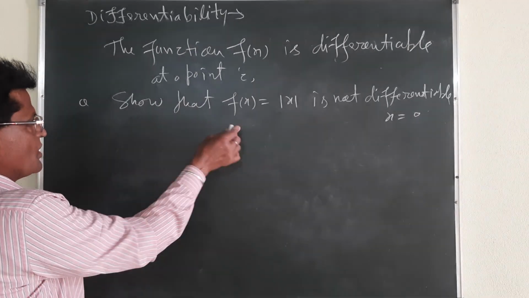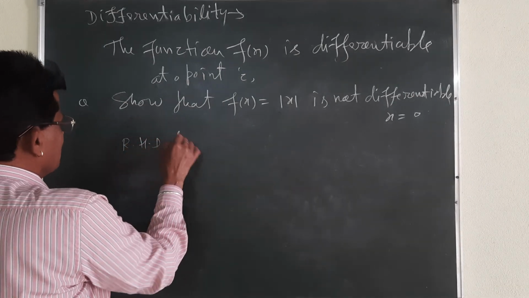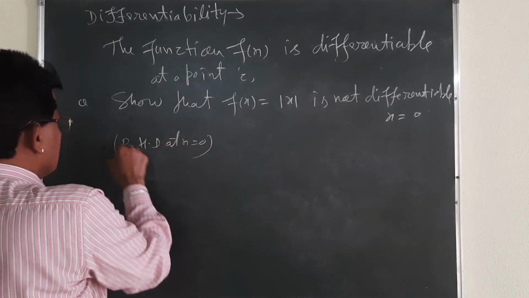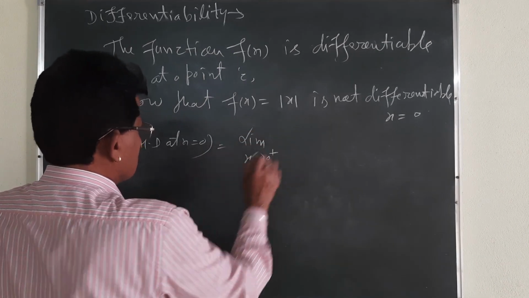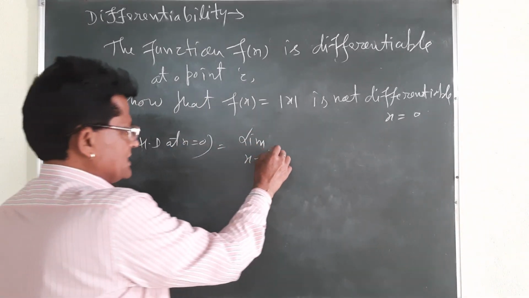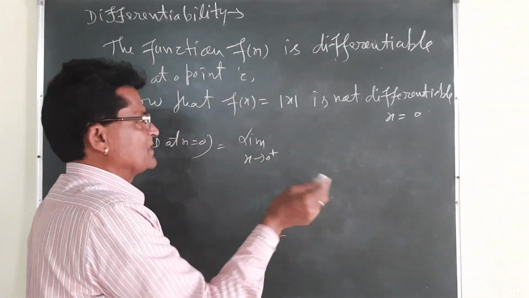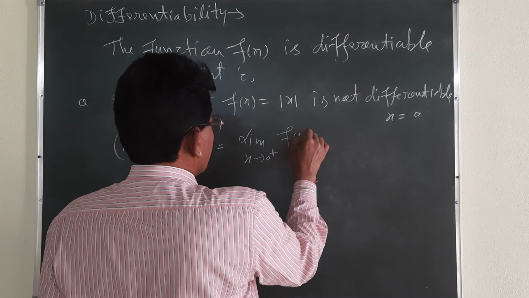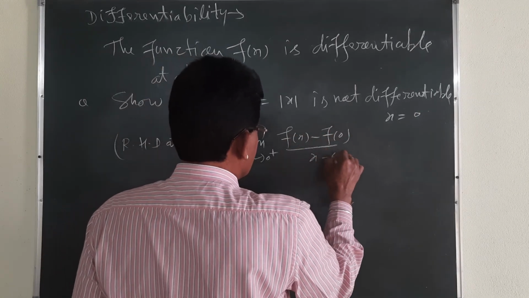See, first of all I am going to take the right hand derivative at x equal to 0. Similar kind of thing: right hand derivative, x tends to 0 plus, as I told you, 0 plus something, of f(x) minus f(0) upon x minus 0.